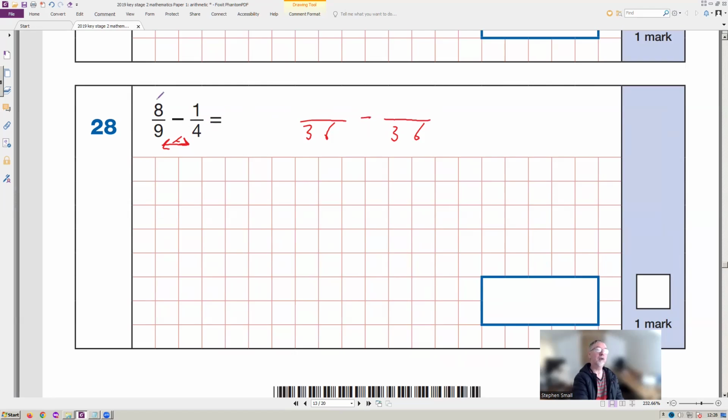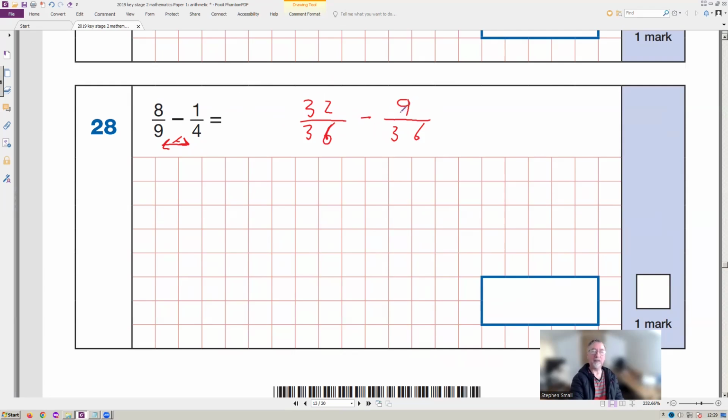And then we go 4 eighths, because this one here got multiplied by 4 to make it 36. So I must do the same to the top. 4 eighths, 32. And this one was 9 ones. 9. That's better. We're talking about the same thing. They're 36s. We got 32 of them there.